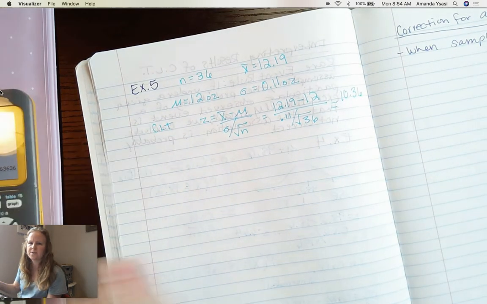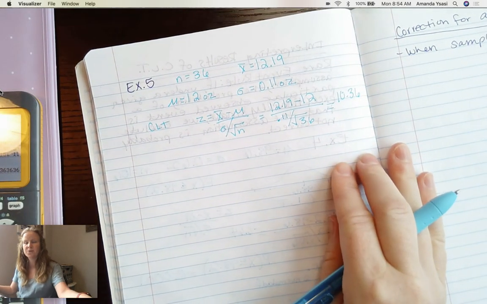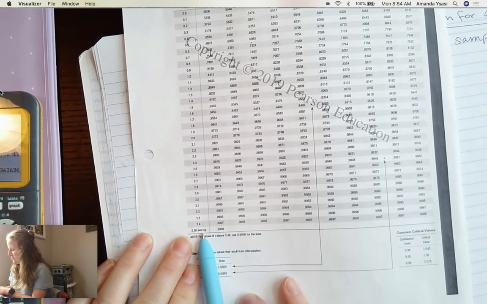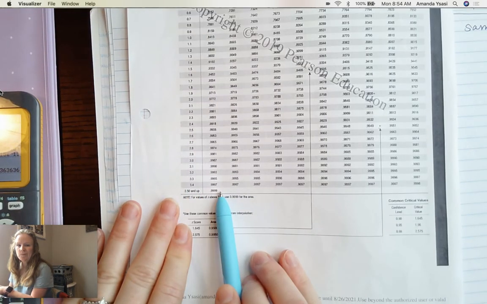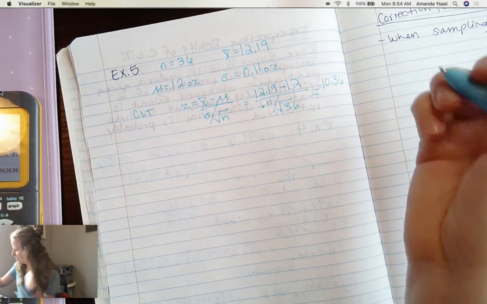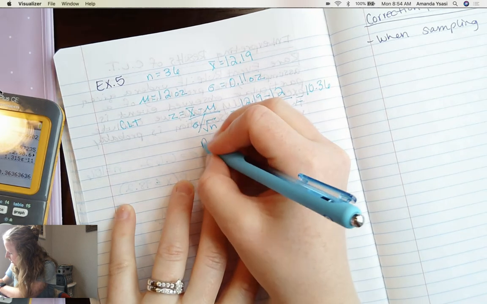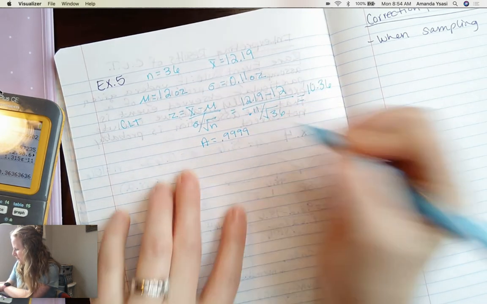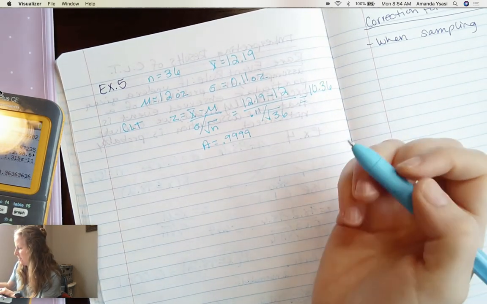Okay, so that's our z-score. So if we go to our positive z-scores, it's 0.99999. So it's a really good probability, right? So our area is repeating.